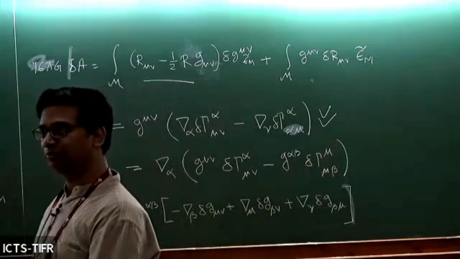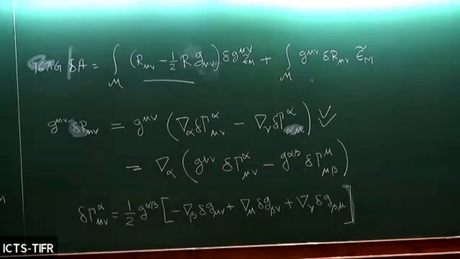Okay. So with this structure, this will remain as it is. I will not remove these lines. This part is important. Let's go there and calculate. You can show ultimately that your g mu nu delta R mu nu, this object will turn out to be grad alpha, g alpha beta.